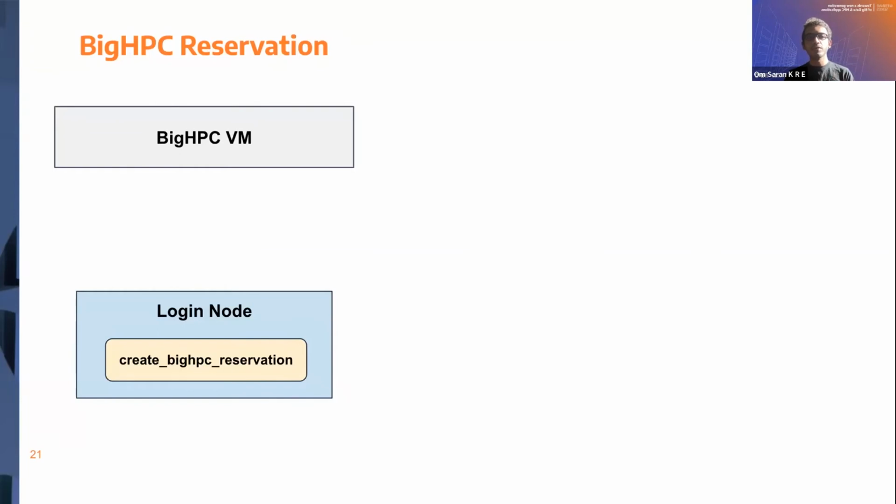In this scenario, since the user will be submitting the workloads via the BigHPC framework, BigHPC logs into the login node as a BigHPC user, and then invokes a script which is present in the login node. What this does is it creates a reservation for the BigHPC use case.